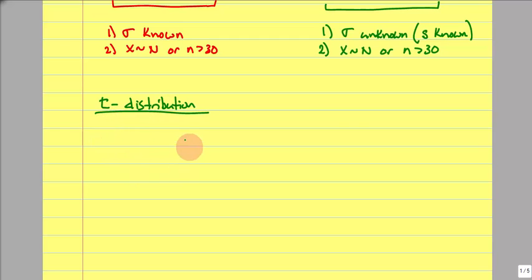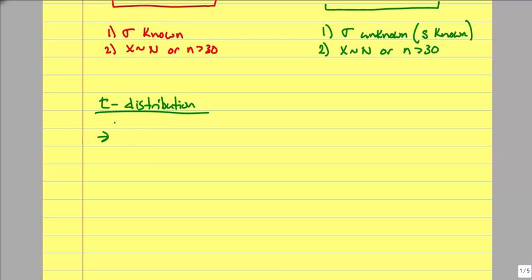And they realized that they had small sample sizes, and because of the smaller sample sizes, they couldn't know what the population standard deviation was, and so they had to estimate it with the sample standard deviation, and that produced larger variability in the sample than if sigma was known. So it became a little bit more spread out than the normal distribution, but it became known as student's t distribution.